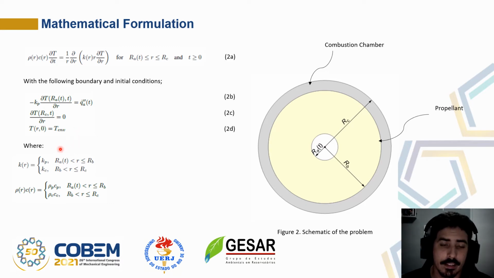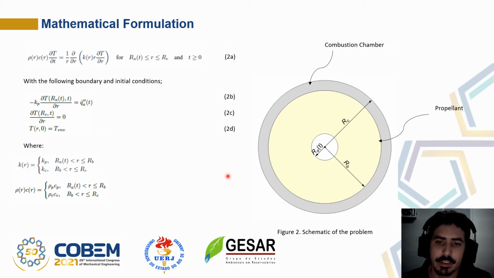K is the heat conductivity, which varies over the domain. The first one is the propellant heat conductivity, and the second one is the heat conductivity of the combustion chamber. The same idea applies to the density and the specific heat.